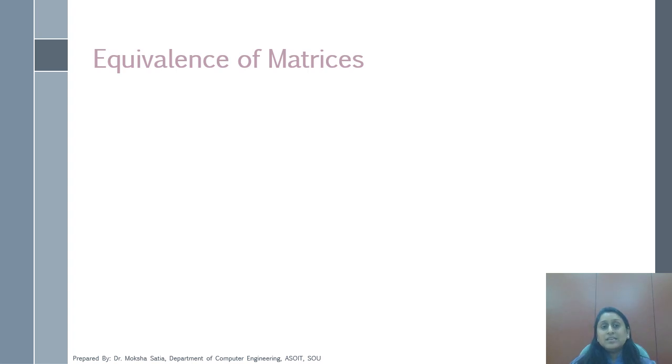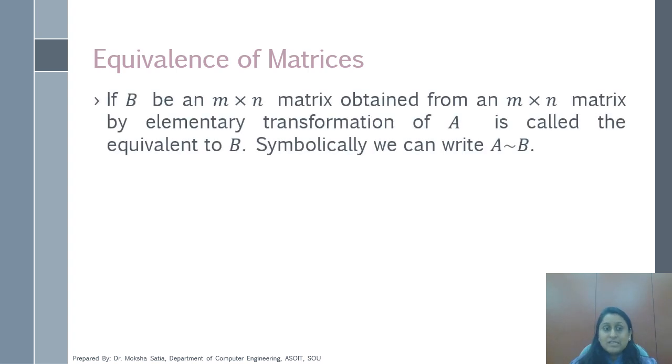And the answer is equivalence of matrices. Meaning if B is an m by n matrix obtained from an m by n matrix A by elementary transformation, then A is called equivalent to B. Let's take matrix A of order m by n.